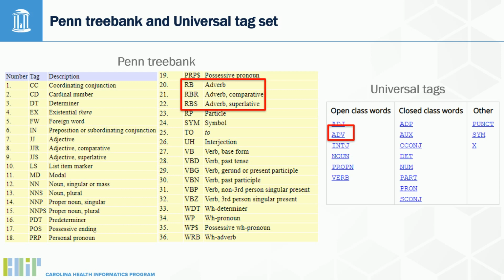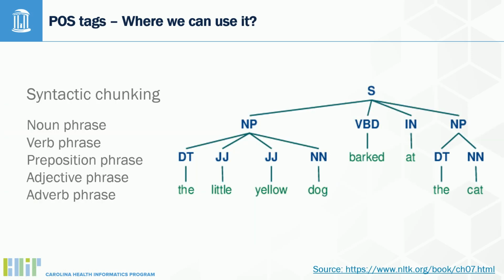You can also see the verb in the Penn Treebank has 6 different types in terms of the tense and singular or non-singular, but the universal set only has one. These tag sets try to identify the basic lexical categories of the words in a sentence at different levels of detail. POS tagging can help us do many things.